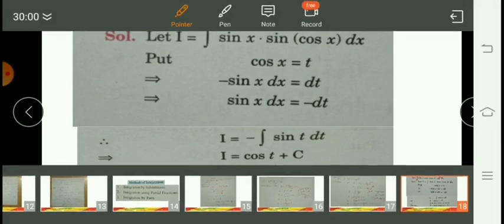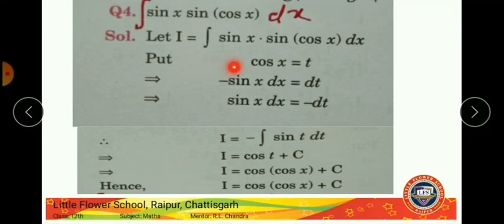For this purpose, put cos x equal to t. Its differentiation is minus sin x dx equal to dt. Now sin x dx is equal to minus dt.